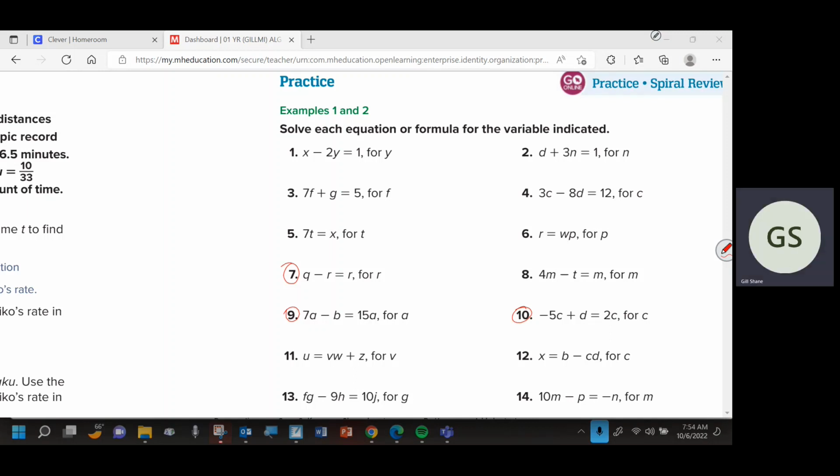They have variables on both sides. Solving for C. Sometimes you have these things. Definitely fix that one.